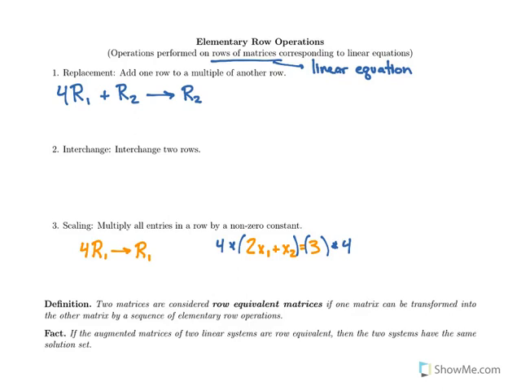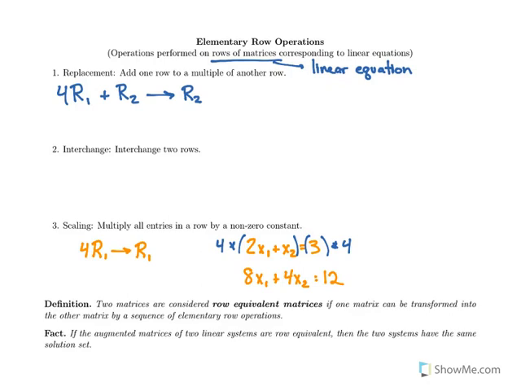So in this case, you would get 8x1 plus 4x2 equals 12. Now that's changing the equation, but it's still true because you multiplied both sides of that equation by that number.